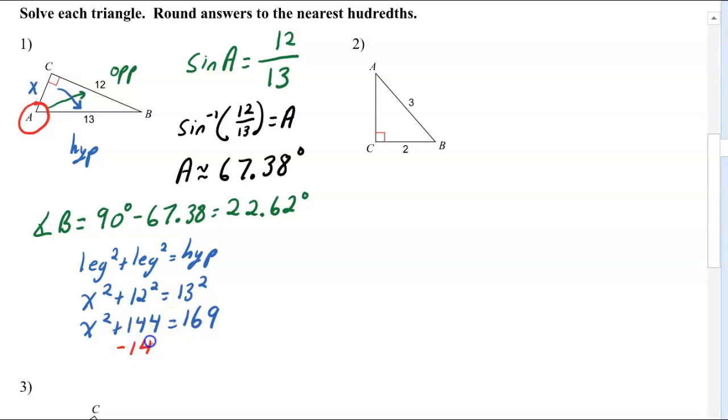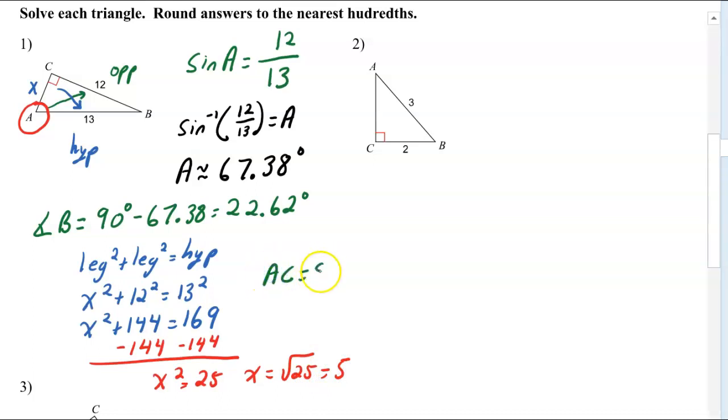I'll subtract 144 from both sides. We'll get x squared is equal to 25. So x is equal to square root of 25 or 5. So for this particular problem, AC is equal to 5.